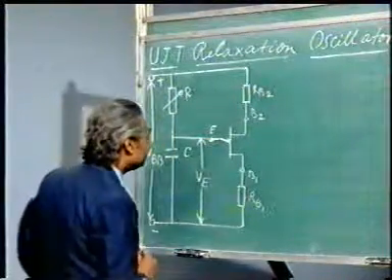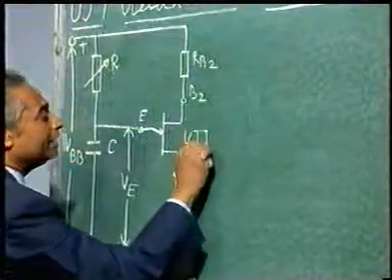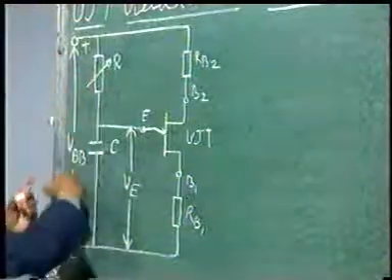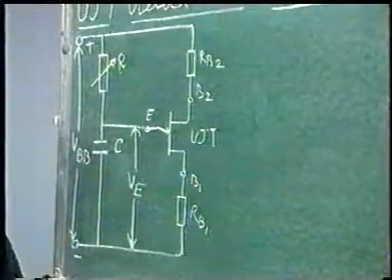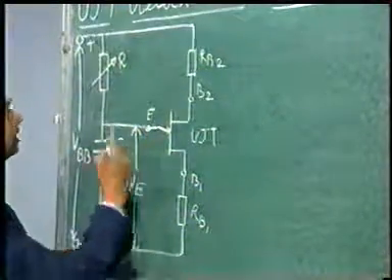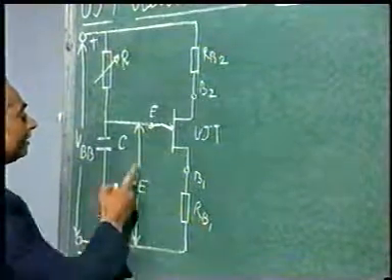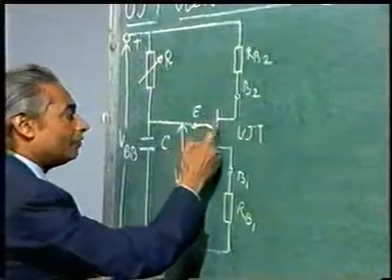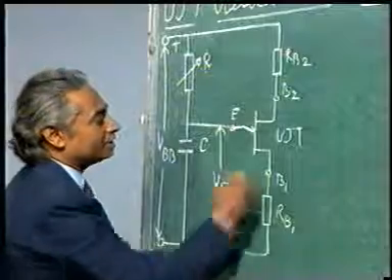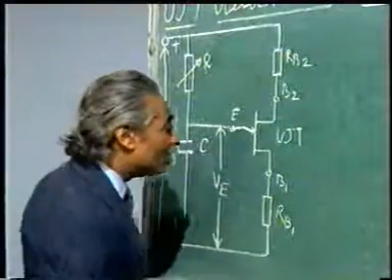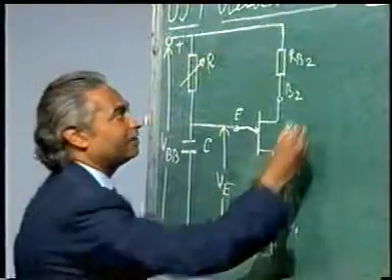Now what will happen to this device, which is nothing but the UJT, if I have an arrangement like this? I keep on changing the value of resistance, so VE will be developed across this UJT depending on the value of R. Now one position will come when VE will be such that the PN diode of the UJT will be forward biased. Once it is forward biased, the UJT will start conducting, and you all know that once it starts conducting, it has a negative resistance characteristic.